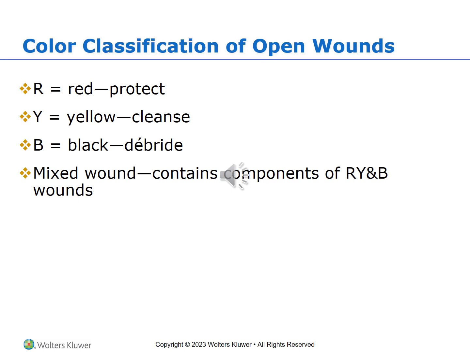It could also be brown, gray, or tan. Black requires debridement, or removal of that tissue, before wound healing can begin. Then you may have a mixed wound containing components of red, yellow, and black, or R, Y, and B in the wound.